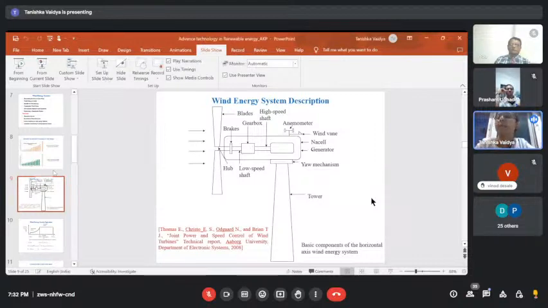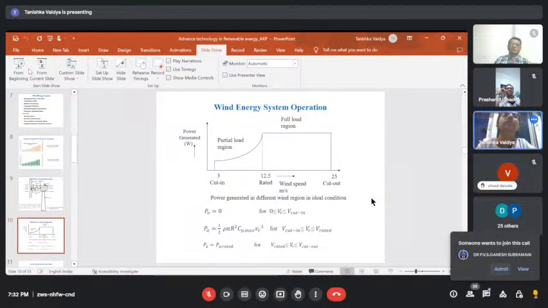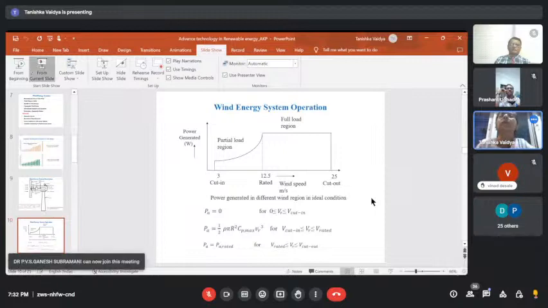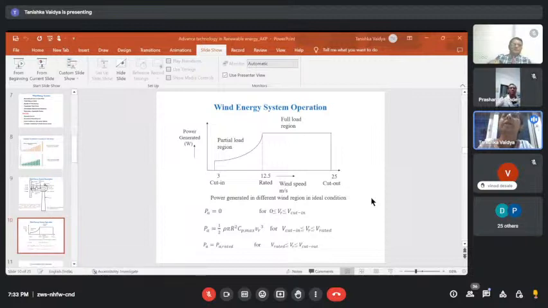I'll go to the next slide. So here, basically, in a fully automated wind turbine, there are two regions: partial load region and full load region, where wind turbines work. So what is partial load region? See, 3 meter per second.